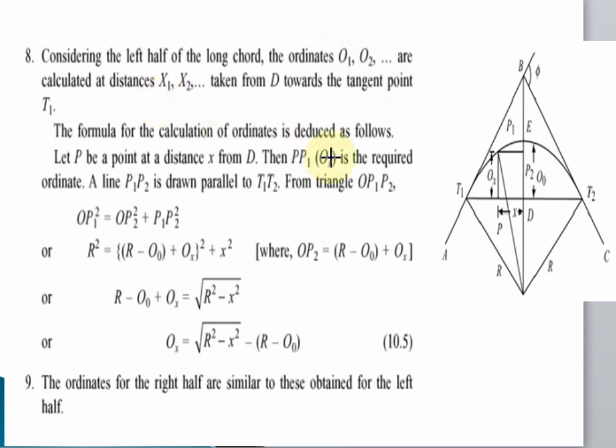O1, O2 are calculated. O1, for example, let this be O1 at a distance x1 from the D to the tangent length to point T1. Considering the left half, the small O1 in this direction is calculated at a distance x1, okay.